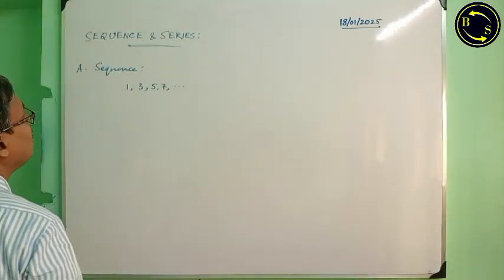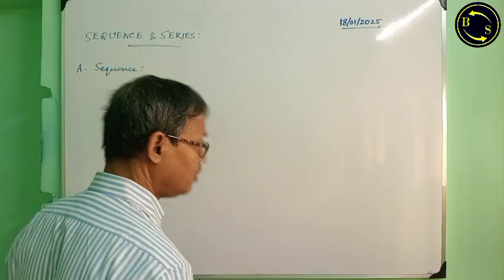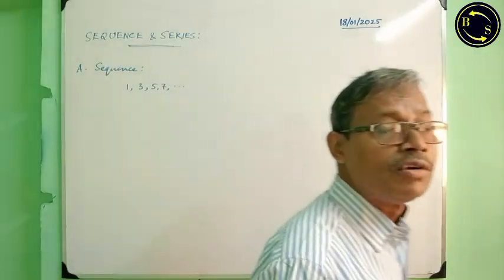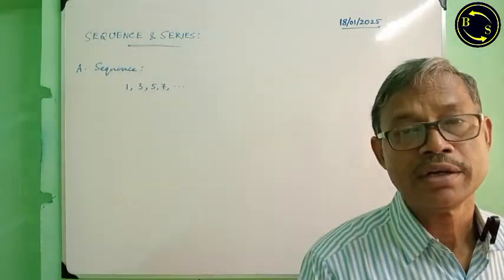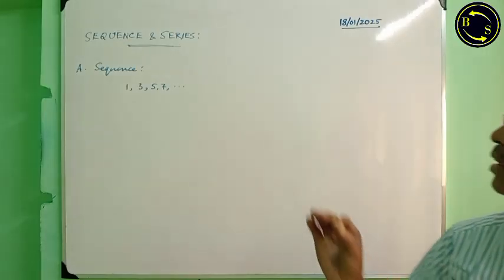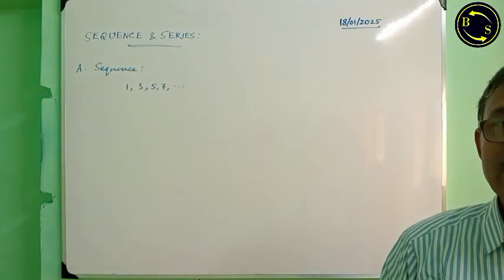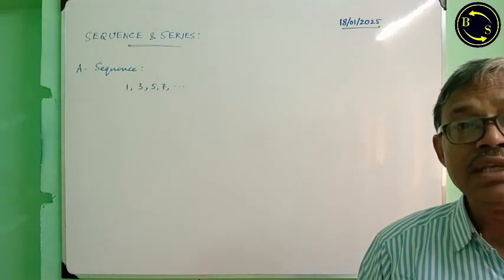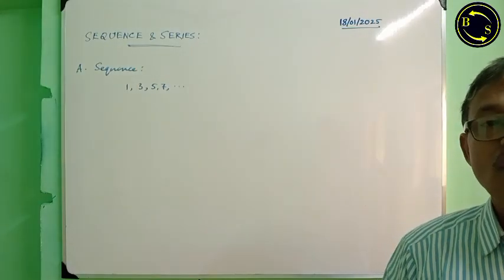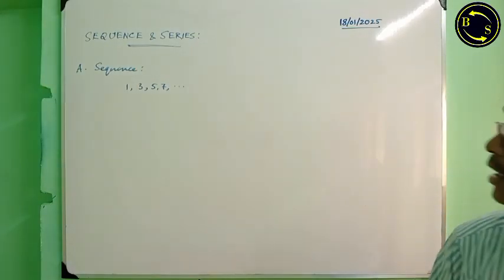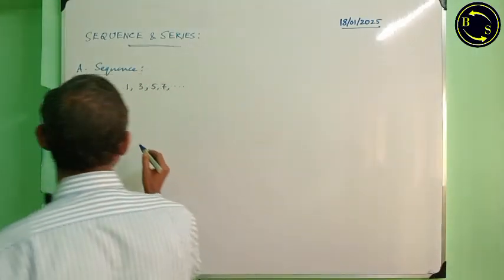Then the rule or the pattern by which we can determine any term is denoted by say Tn or An.